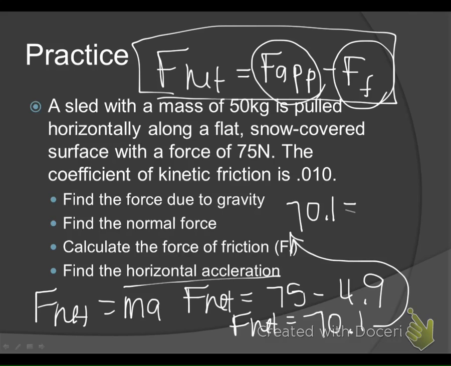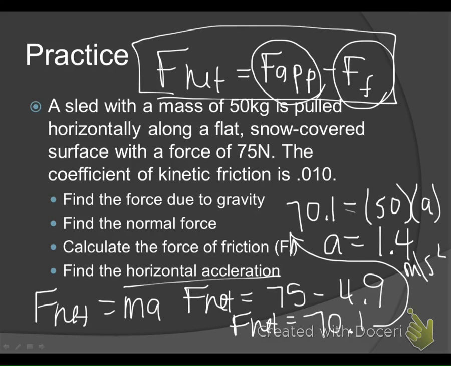We take net force equals mass times acceleration. Our mass is 50 kilograms. We're going to solve for acceleration. So what's our acceleration equal to? 1.402. Okay, I don't need that many decimals. Meters per second squared. Okay, that's it. We did it.